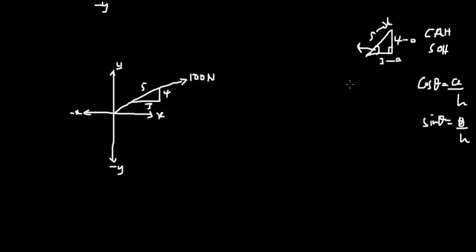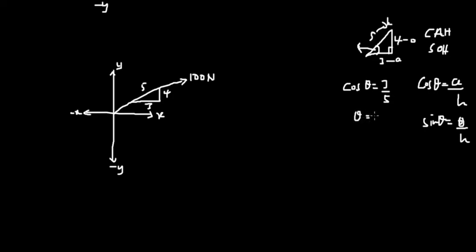So when you take the cosine, we have adjacent, that's 3, and hypotenuse, which is 5.